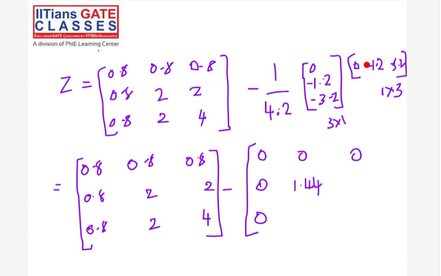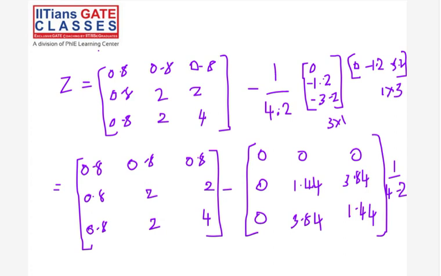And 3.2 into 1.2, so that is 3.84. This would be again 3.84, one of the better parts of matrix multiplication of symmetric matrices, divided by 4.2.